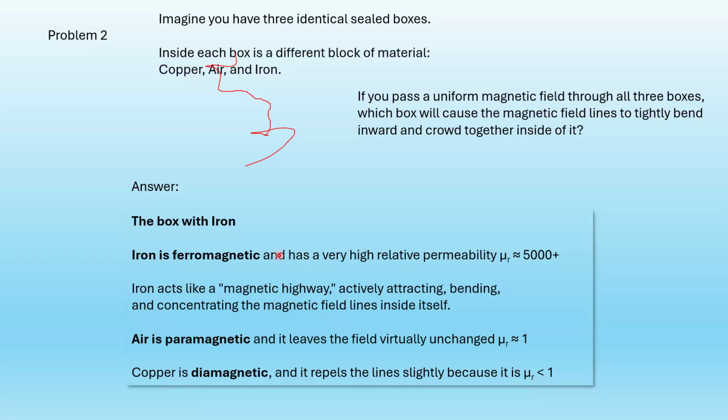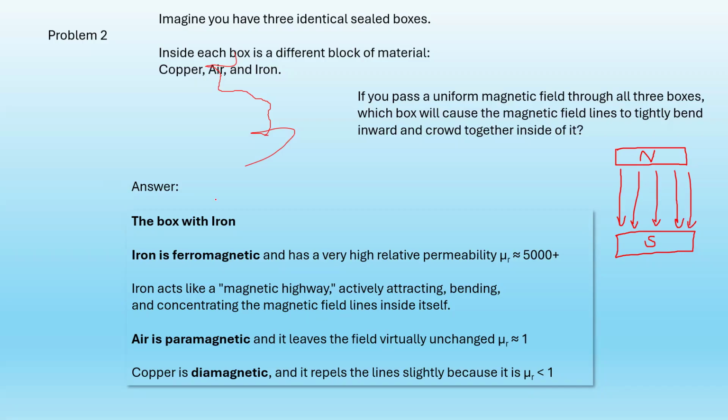So what would the iron box do? If you have a north pole of a certain magnet and a south pole of a certain magnet, and we have those lines going uniformly distributed, if nothing is there.